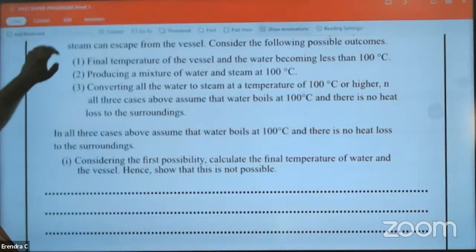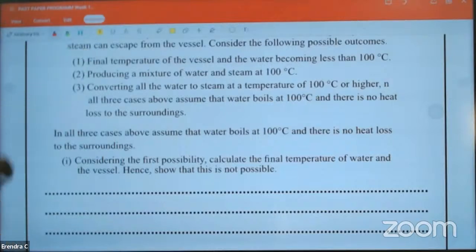Essay question. This is what they are telling.